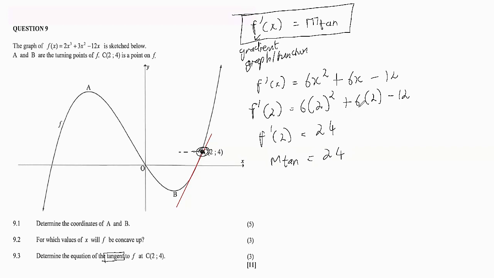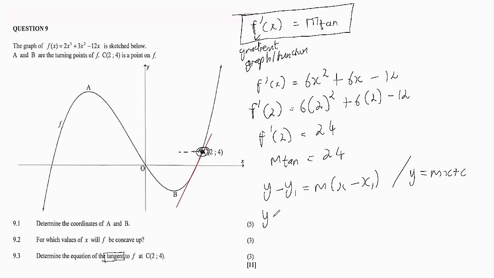Now, this makes sense. In order to find the equation of the tangent, which we know is a straight line, we would have to use this formula, y minus y1 equals m times x minus x1. Or you can just go with the basic one, which is y equals mx plus c. With this one, you have to first find the value of c, and then write it in that form. But I prefer this one because all you do is substitute your gradient and your coordinate.